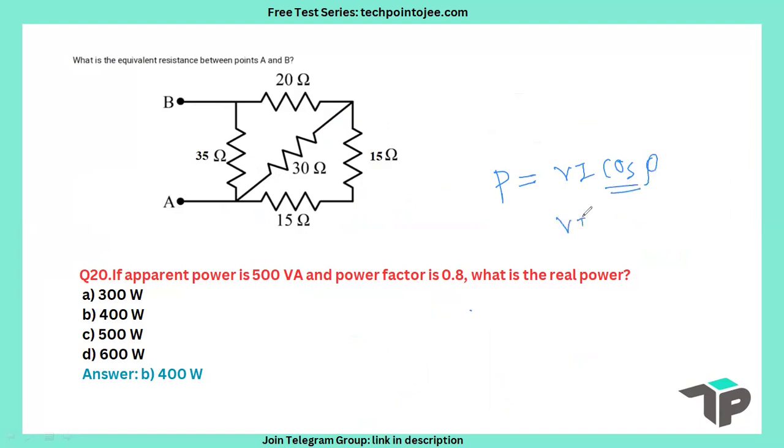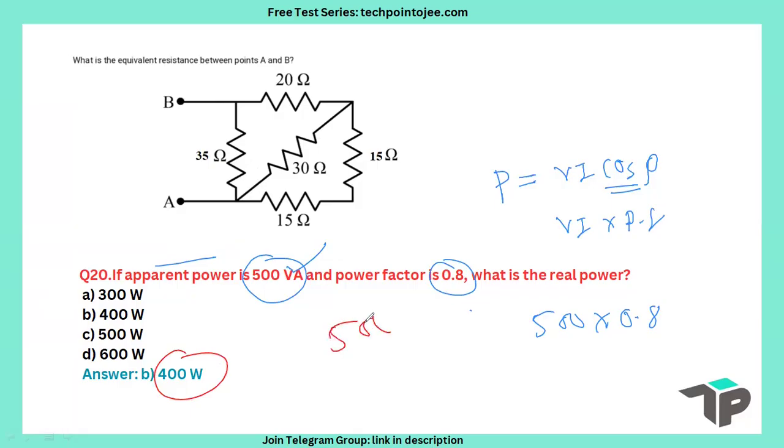So voltage into current into power factor. Voltage into current is given as 500 volt ampere, the apparent power, into power factor 0.8. So calculate.